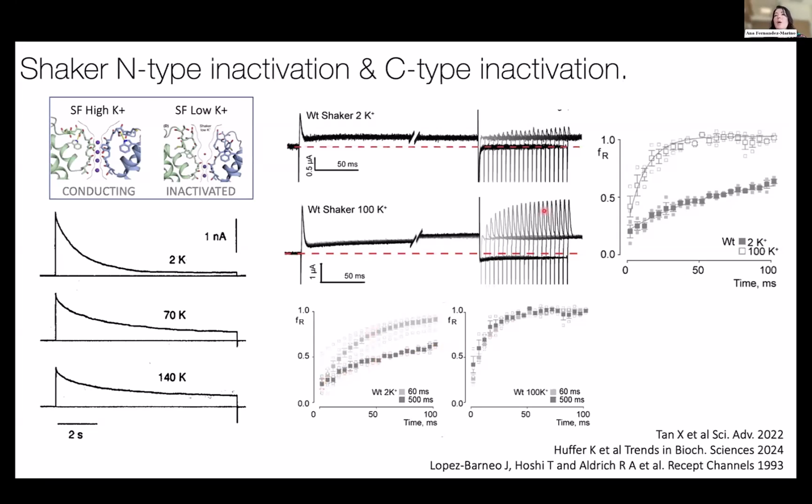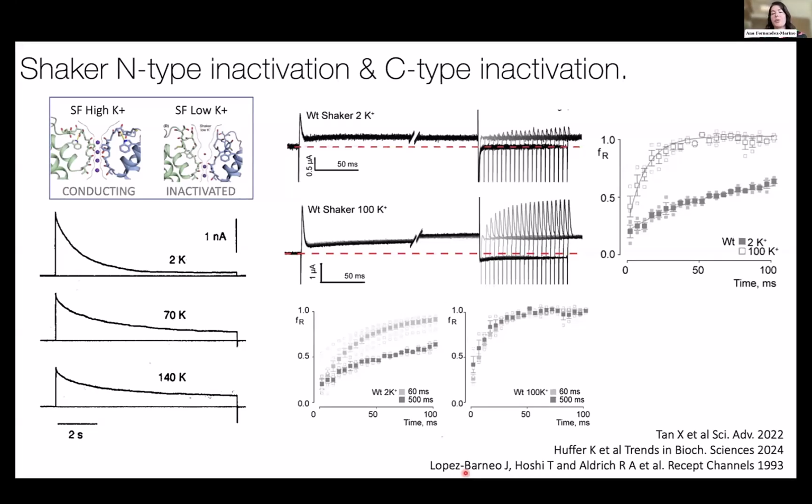And of course, high K competes with slow inactivation and takes channels from the inactive state to the conducting state, which helps the recovery from inactivation much faster.